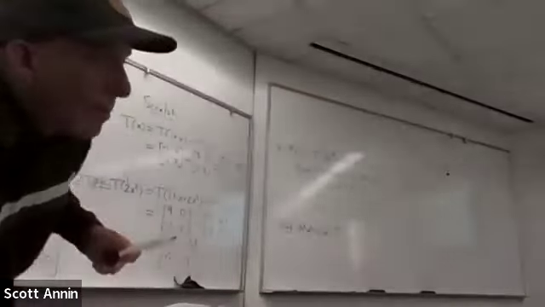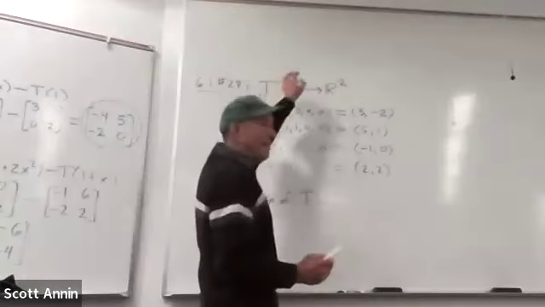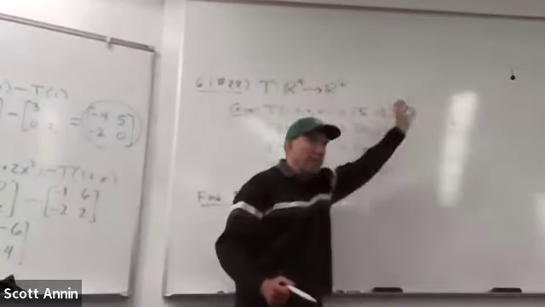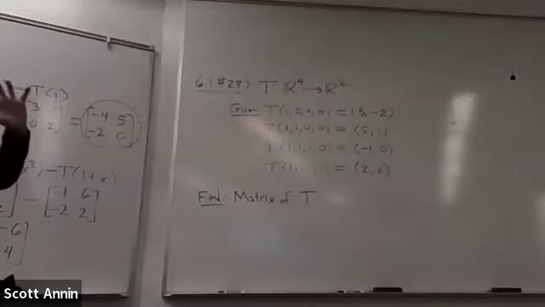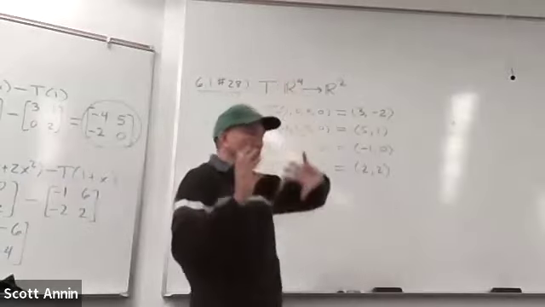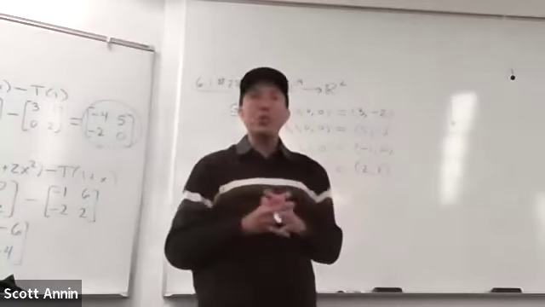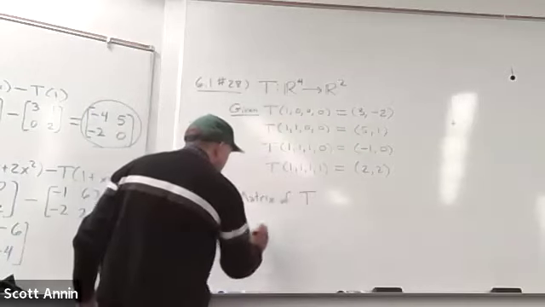This is a good chance for me to remind you that whenever you have a linear transformation from Rn to Rm, remember from Tuesday, we can always represent that transformation using a matrix, and we actually call it a matrix transformation. Do you guys remember what the size of this matrix would be?